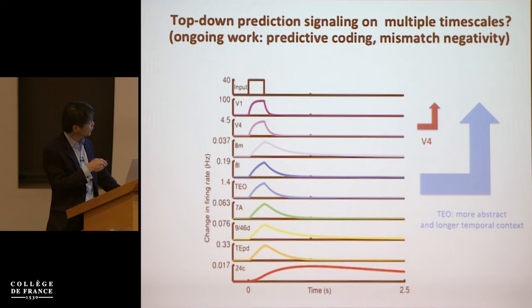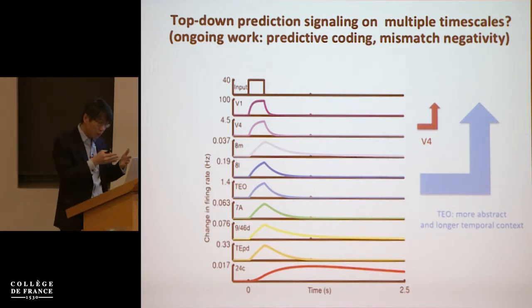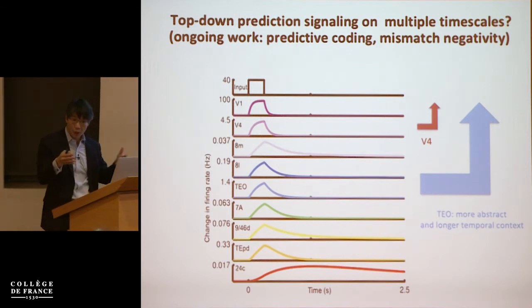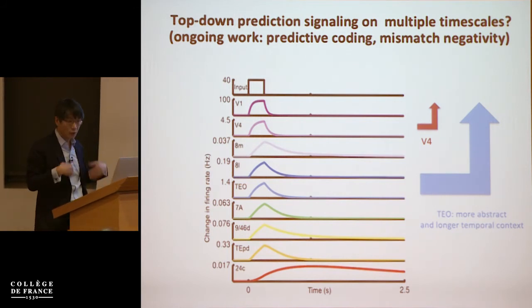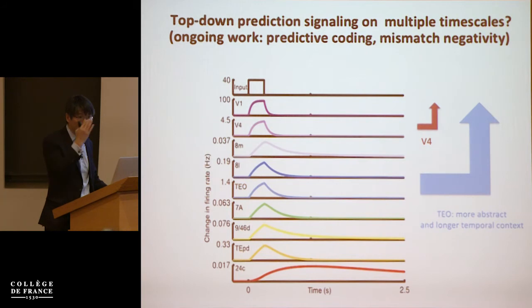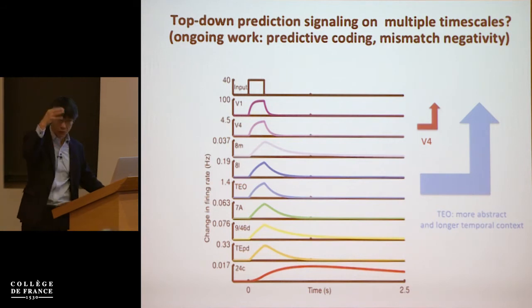So maybe the prediction signals from different areas to early sensory areas would have memory over time on different time scales, right? That could be interesting. For example, if you watch a video, you try to predict what's going to happen next, right, based on what you have seen before, right, through this kind of mechanism.